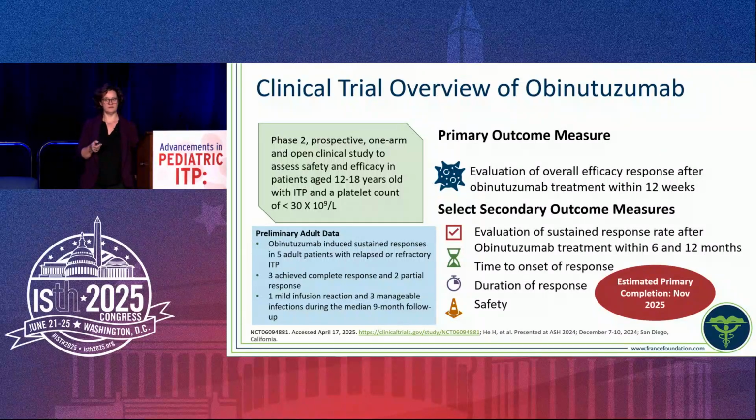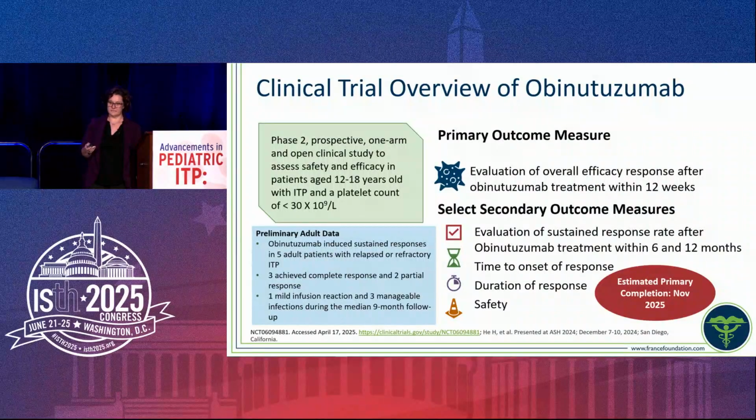And so in theory, you could get those B cells that are actually still hanging out in different tissues rather than only those that are circulating. It has been looked at in adults, and the phase 2 study is going to include pediatric patients down to 12 years of age.